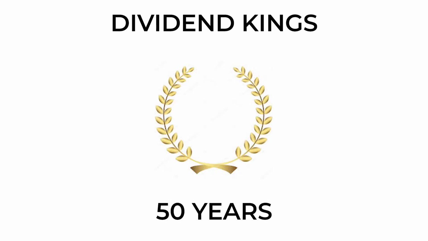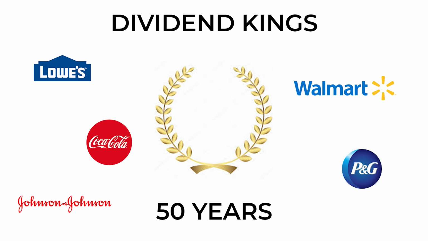At the top of the ranking, we have dividend kings, which are companies that have consistently increased their dividends for 50 years. So not only have they kept their promise and kept on paying out income in the form of dividends, but they have also managed to increase the amount of net income paid out. Those are the best in class, and those are the ones that you should consider as the most reliable.